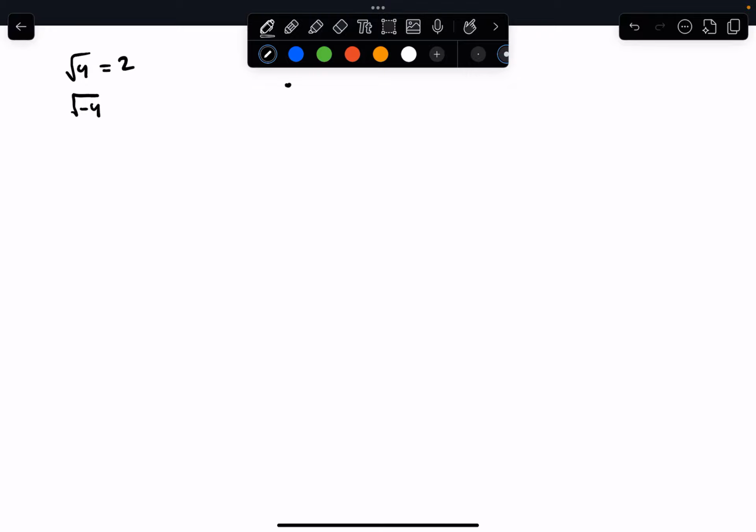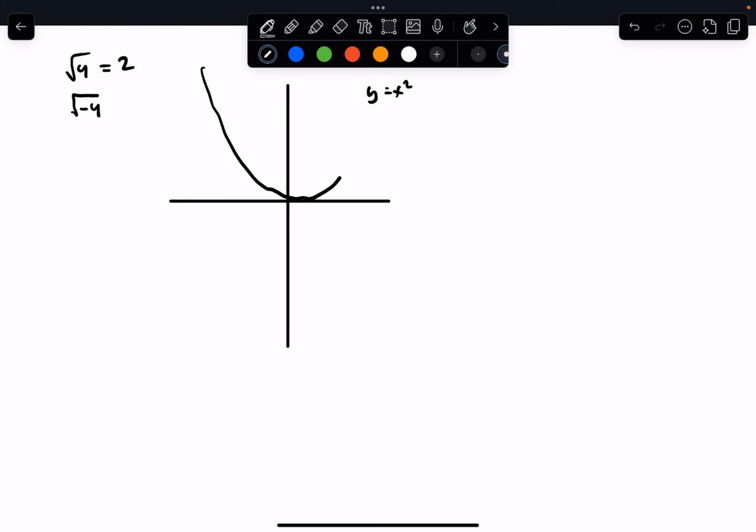If you take a look at the graph, and you graph y equals x squared, you have a line like this, right? And this is a very bad drawing, but if you look closely, you'll see that this graph never goes into the negative domain. So if, let's say, x equals square root of -4, then x squared must be equal to -4. But x squared is never equal to -4.